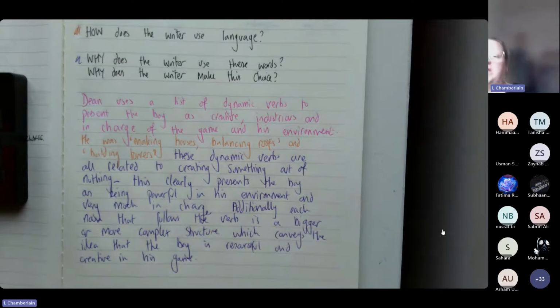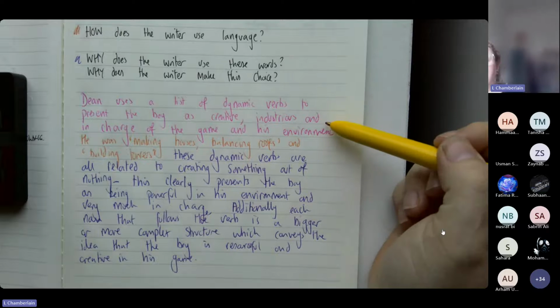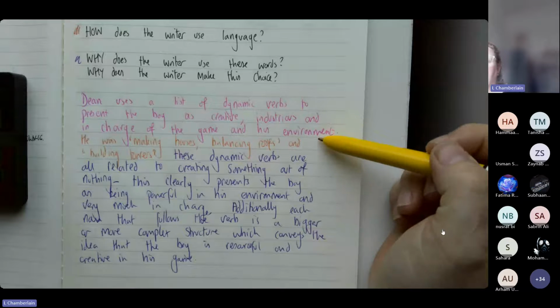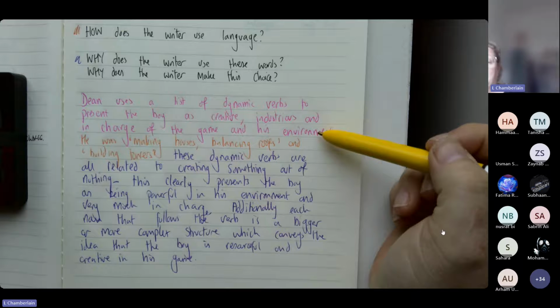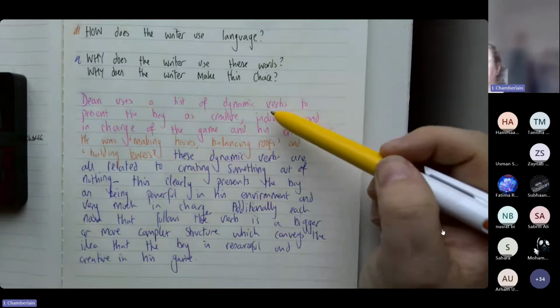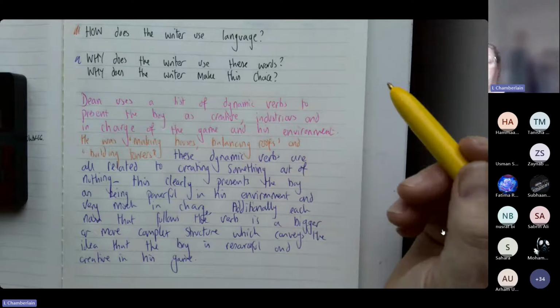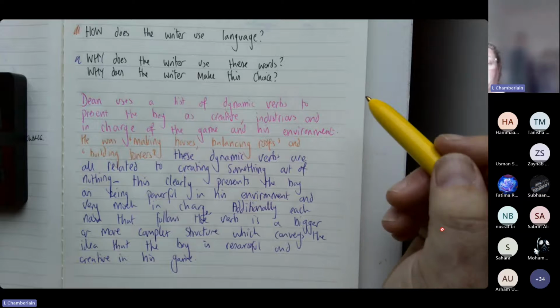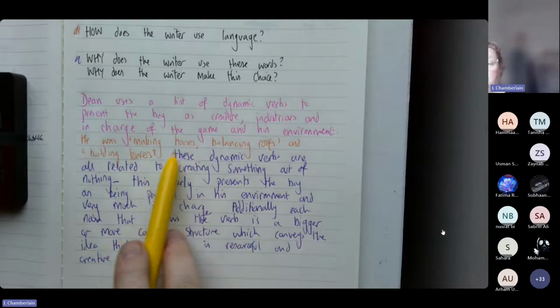So that's just one short example of what you could write about a small extract. So Dean uses a list of dynamic verbs to present the boy as creative, industrious, and in charge of the game and his environment. This is like the what section, and it's almost like I'm making an inference. I've looked at the information, and from that I can infer that he's being presented in this way. I've then given the quotation.